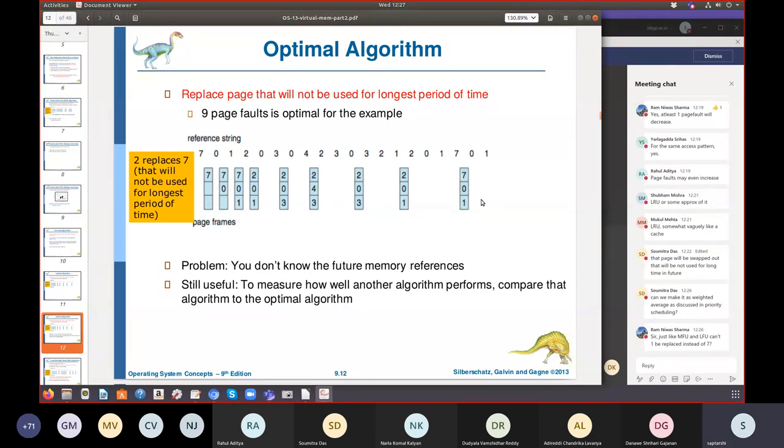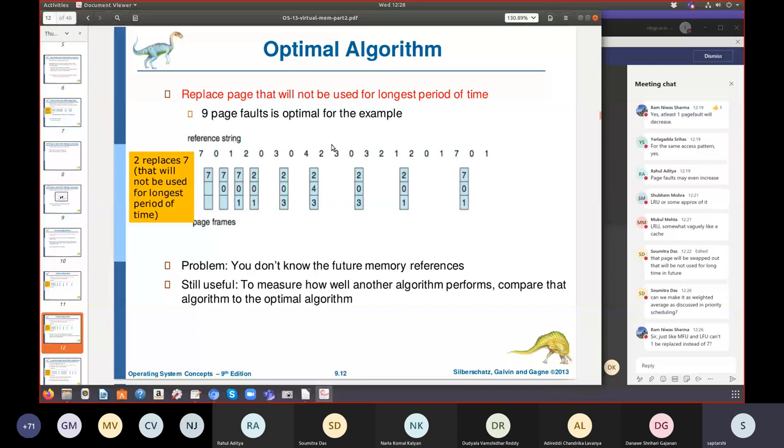Okay, Ramnivash is asking, just like MFU and LFU, can't 1 be replaced instead of 7? Sure, you can replace anything according to your algorithm. But see the optimal algorithm: 1 is accessed twice before 7 is accessed. So the optimal algorithm should replace 7, if the future is known, that 7 will be accessed much later than 1.